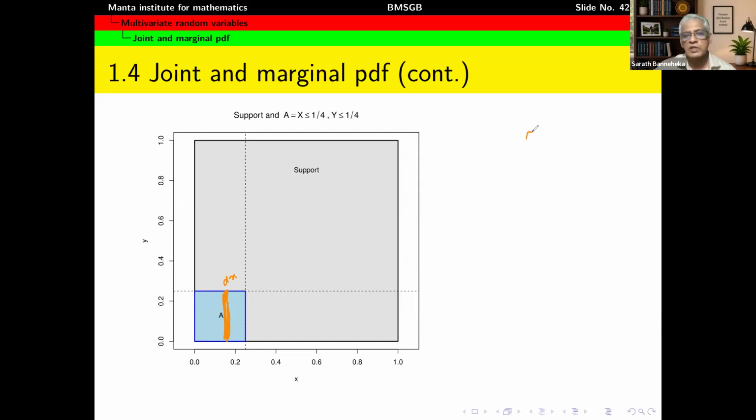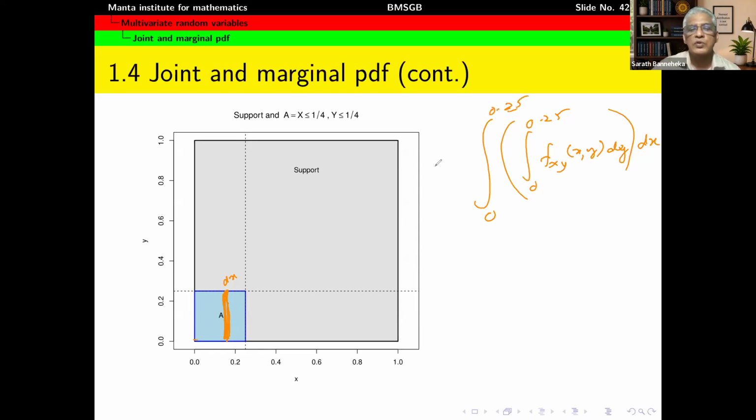So that will be the first integration, from 0 to 0.25 of f(x,y) dy. And then you have to integrate that with respect to x, and in that case x will be going from here to here. Then all the area will be covered, and therefore the volume below the surface will be calculated. So this will be from 0 to 0.25. Right. So that is the probability that the point (X, Y) is in A.